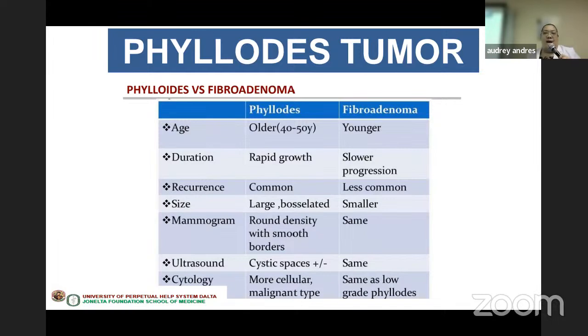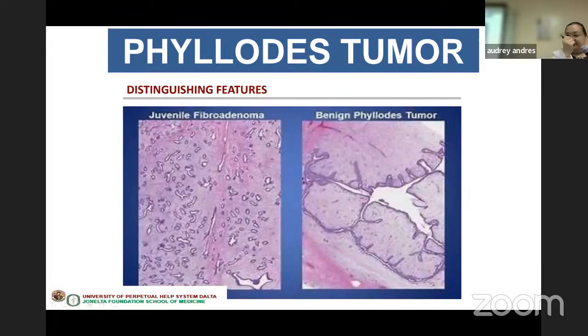So how do you differentiate? Do you differentiate with age, with behavior, with how it looks, with cytology? These are just histological slides to show.